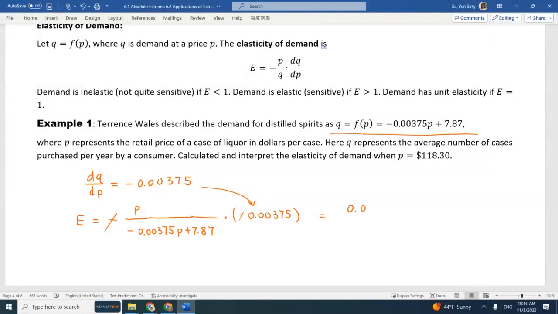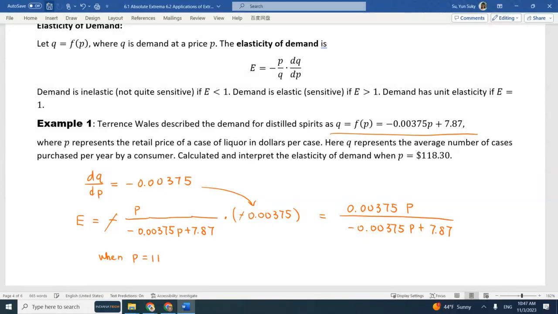So we get 0.00375 P over negative 0.00375 P plus 7.87. Is that okay, everybody? You will just plug in the formula. Now I want to find the E when P is 118.3.